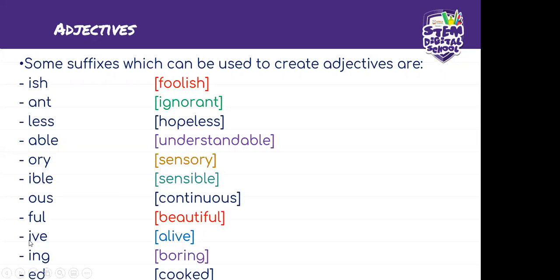Ive, for example, alive. Ing, for example, boring. Ed, for example, cooked. So you realize that all these words are adjectives, and I just used those suffixes to show examples of adjectives which end with those suffixes that I have mentioned here.